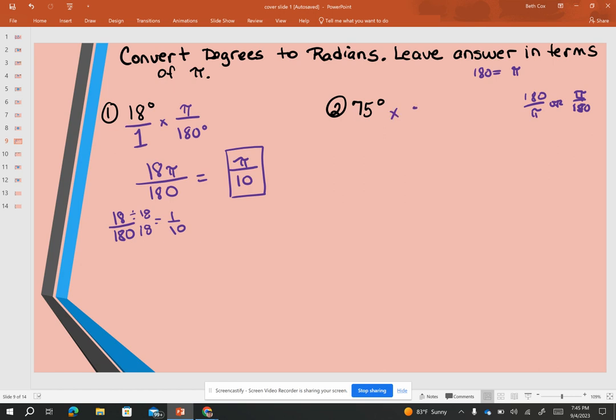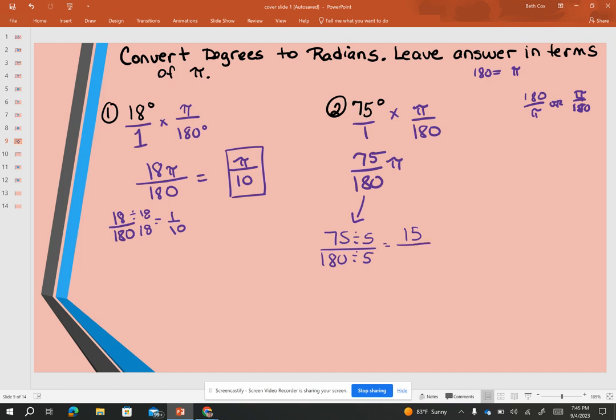Next, we're going to do the same thing. We're going to multiply by pi over 180. And so we'll have 75 over 180 pi. Again, I'm going to reduce this fraction. I'm going to reduce this one by 5, and that's going to give me 15. Is that right? I think so.